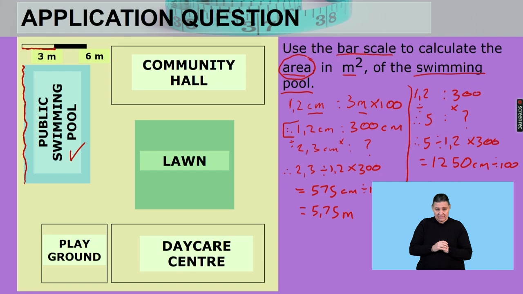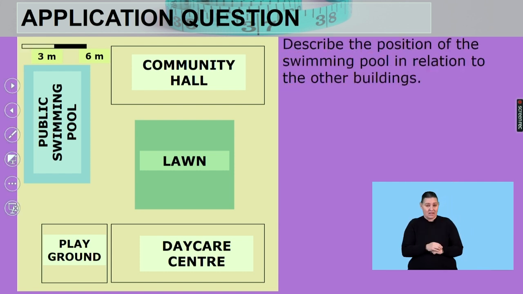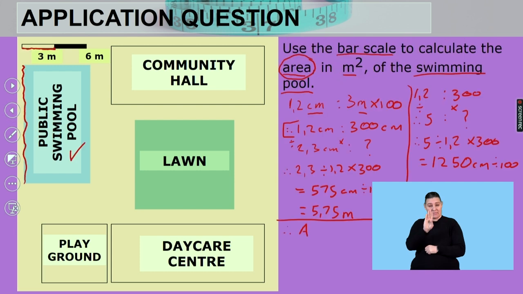Excellent. Now at this point, what do we need to do? We've still got to find the area. What shape is the swimming pool? The swimming pool is a rectangle. So area equals length times breadth, or length times width.